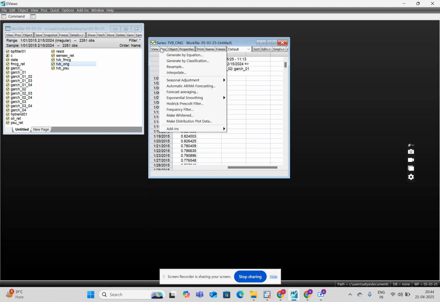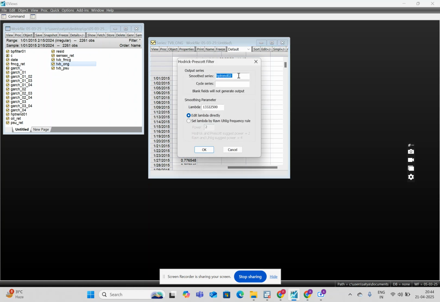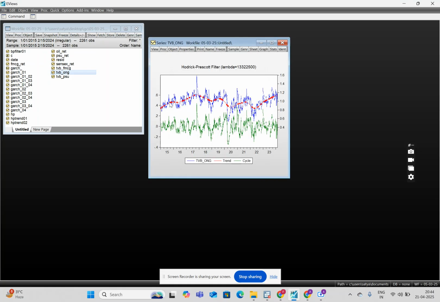First let us go to the Hodrick Prescott filter. We can give it any name, so let us just name it HP, and then we go to OK. See, this is a kind of a cycle that they are trying to make. It is actually not very accurate because the Hodrick Prescott filter uses a lot of smoothing.